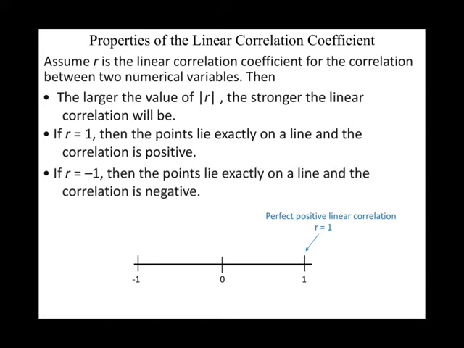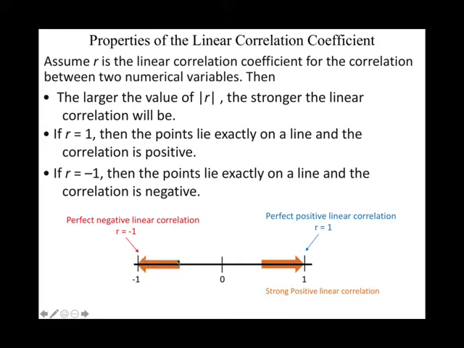And if R equals -1, all the points are going to be lying on my straight line and the correlation is negative. So we call this a perfect negative linear correlation. If your R is lying between 0.5 and 1, we call this a strong positive linear correlation.